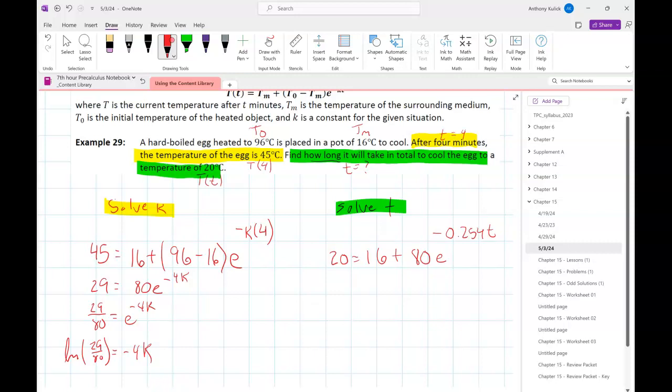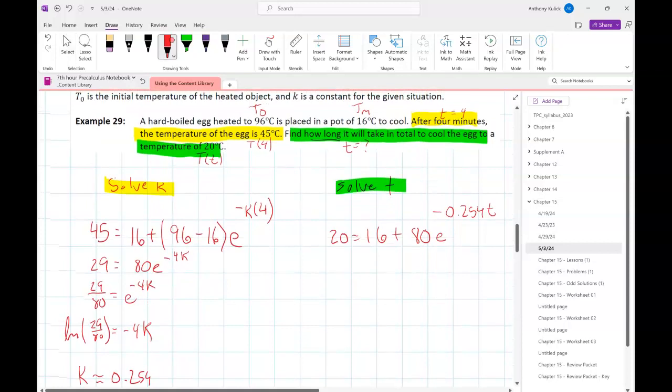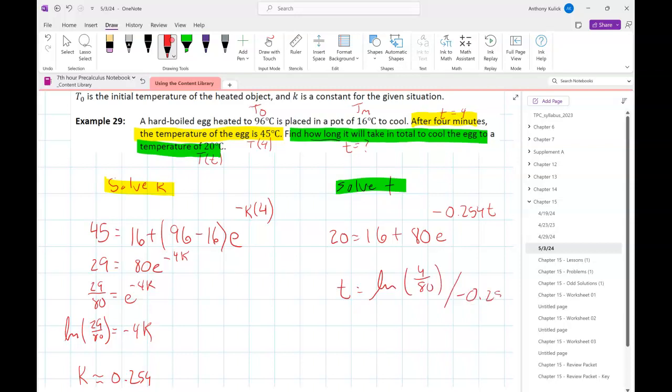Same way, right? We could graph it and find the intersection, or we could solve it by hand. Let's say we solved it by hand. So I have the natural log of 4 over 80 divided by -0.254. Or you could graph it and find the intersection here.